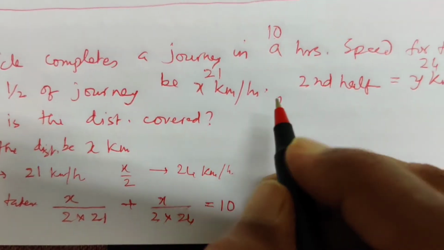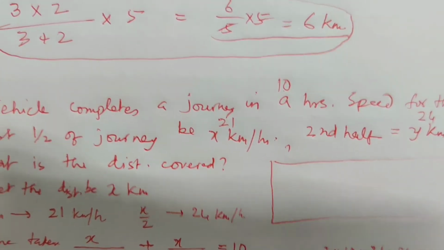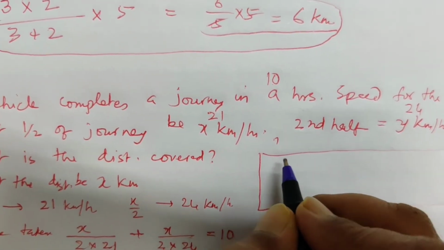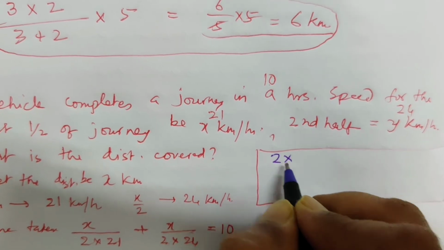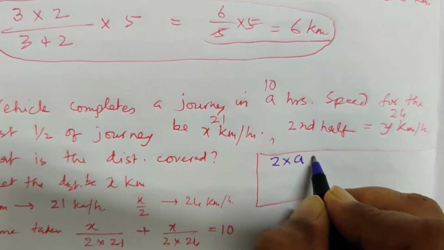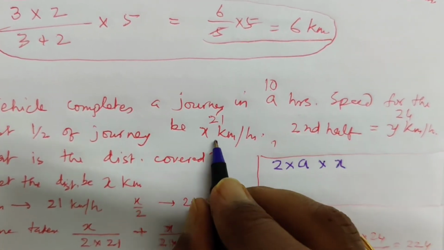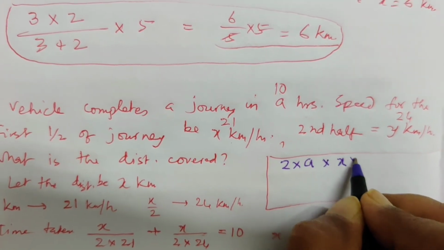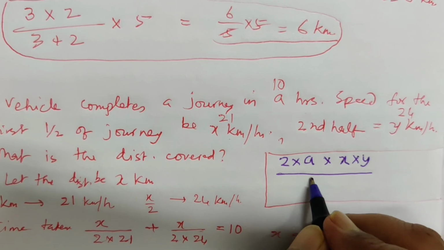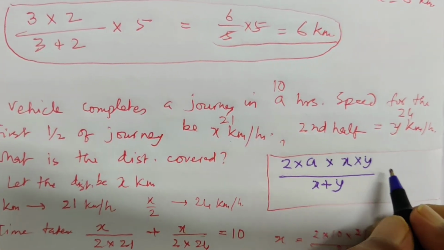Now instead of doing this, there is a shortcut process over here. Let me explain to you this shortcut in another kind of pen. So this shortcut is taken as 2 into the time into the speed for the first half, into speed for the second half, divided by speed for both the halves.